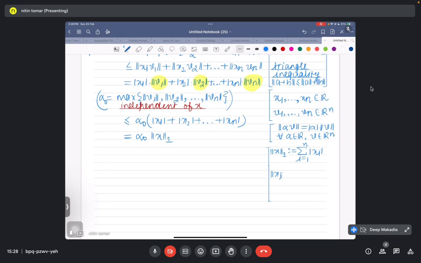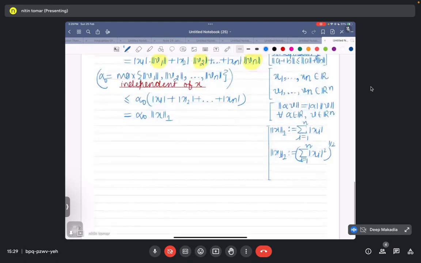There was the two norm also defined. It was mod xi square, you add them up and take the square root. And the last was the infinity norm, with i varying from 1 to n.